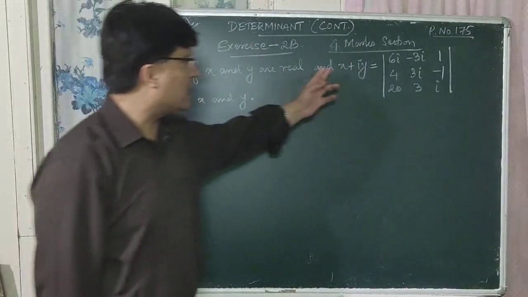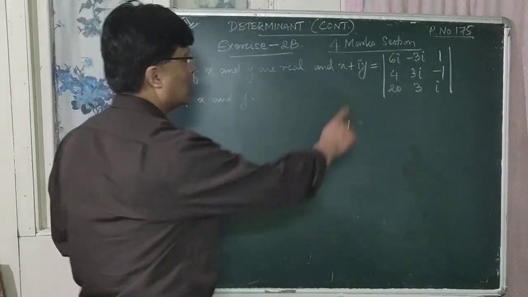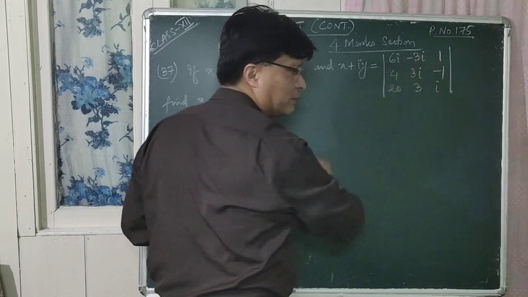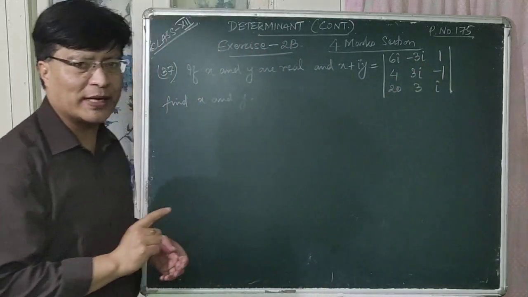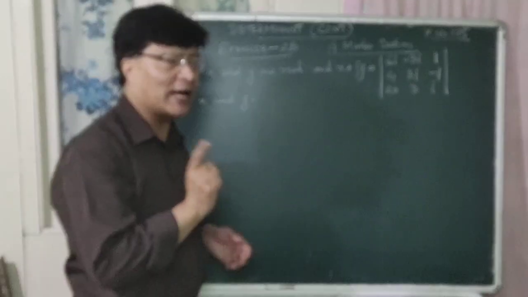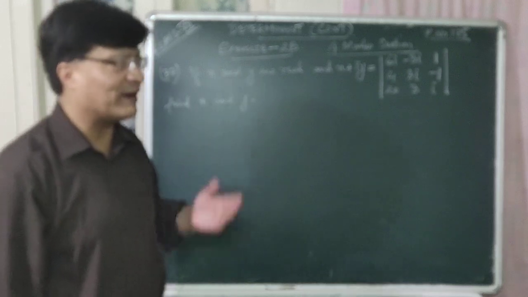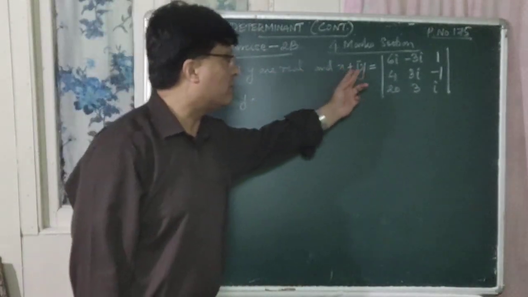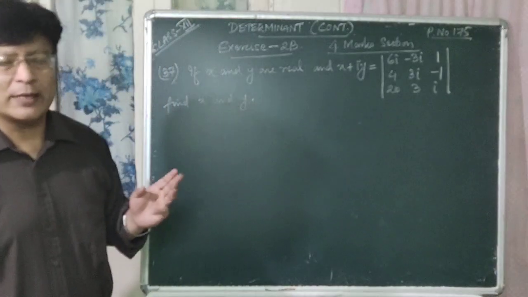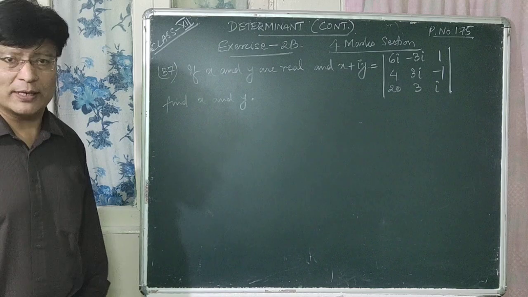It is given that x plus iy is equal to the third order determinant, that is 6i, minus 3i, 1, then 4, 3i, minus 1, and the third row is 20, 20, 23i. Now you have to find out the values of x and y.